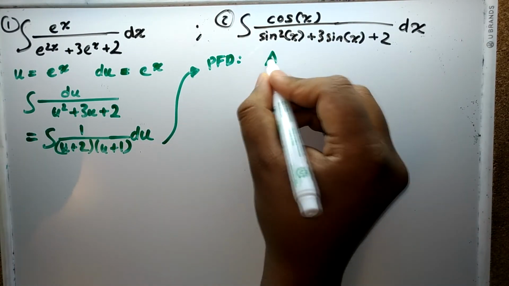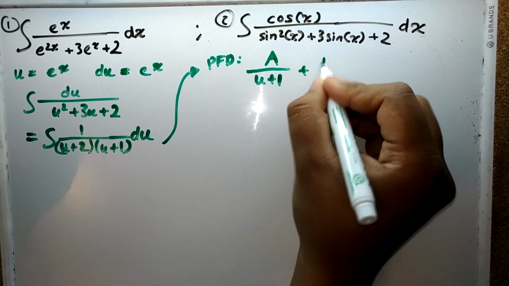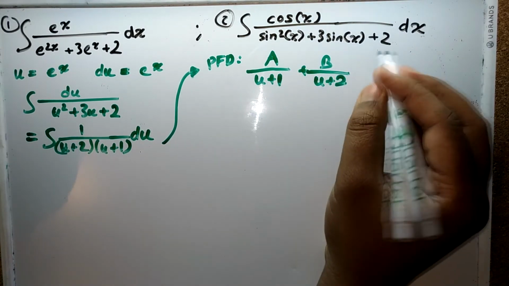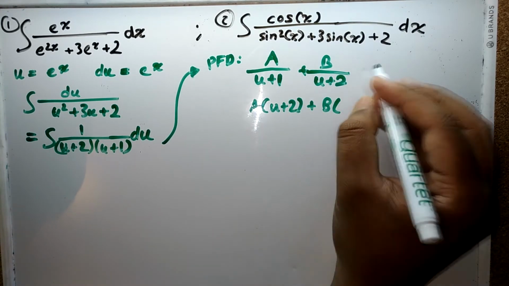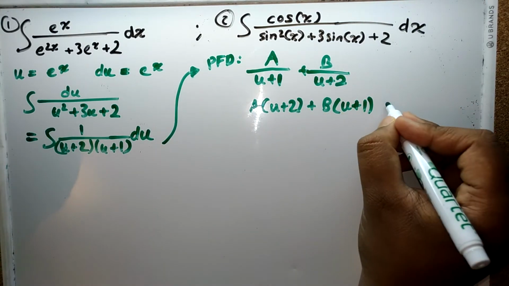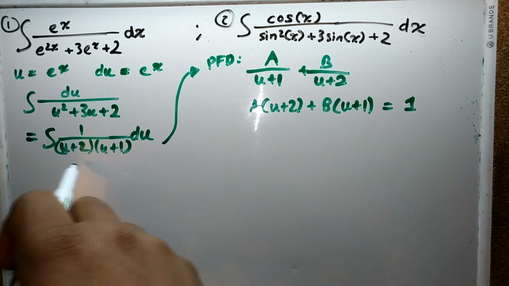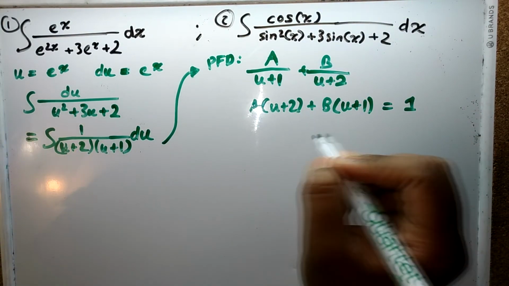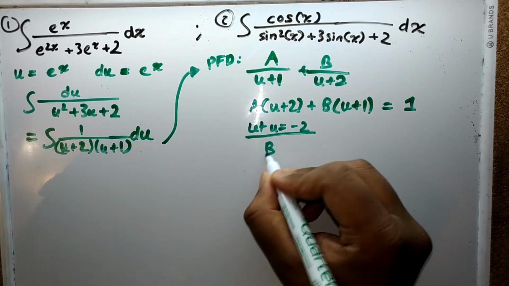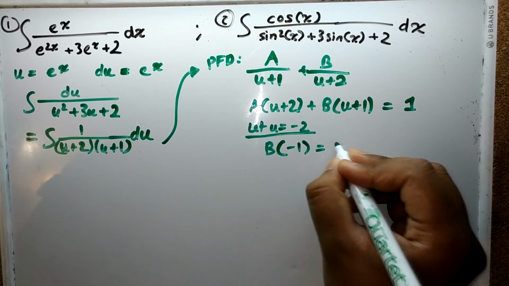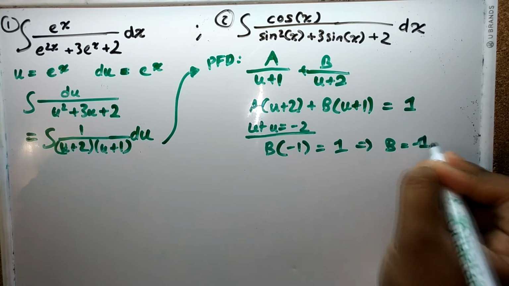So we're just going to get a over u plus 1 plus b over u plus 2, and then we can do the cross multiplication, common denominator stuff, and let that equal the numerator. I'm just going to skip a few steps here. So now we can isolate for the variables like we've done before.